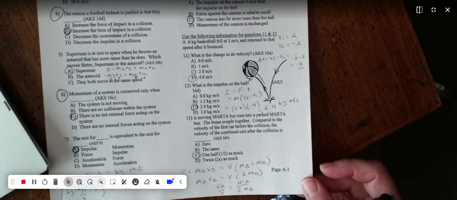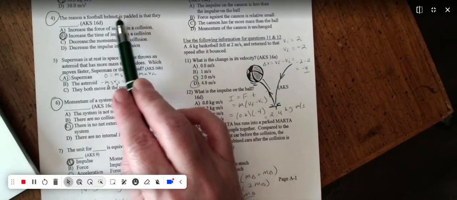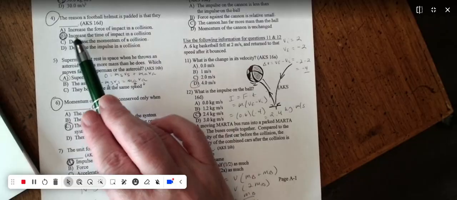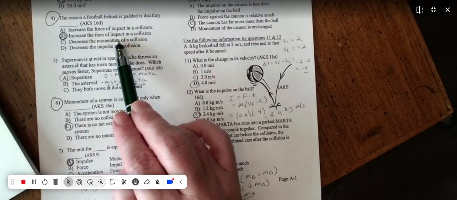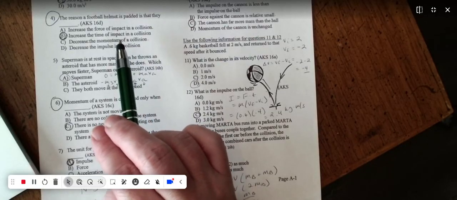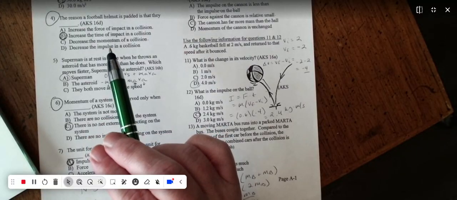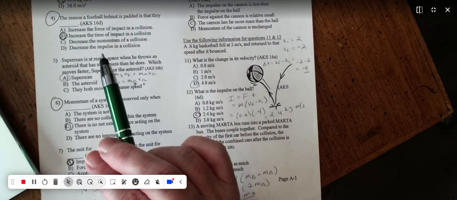Let's see. The reason a football helmet is padded. We will talk about this in class. What this does is increase the time of impact. Okay, so when you have a force times time on something, this is why airbags work the way they do, why football helmets work the way they do.